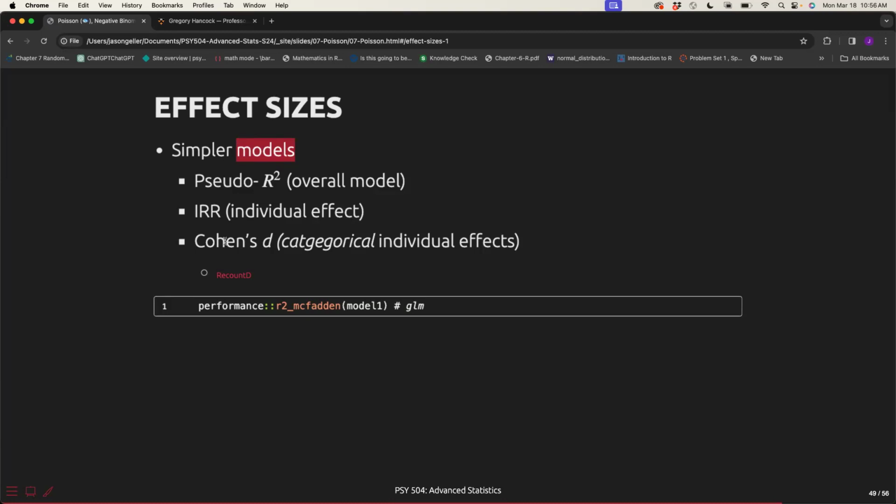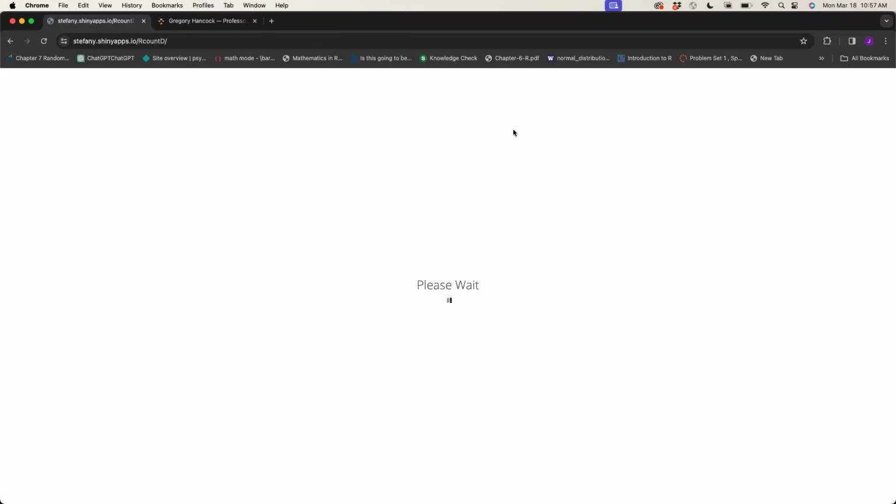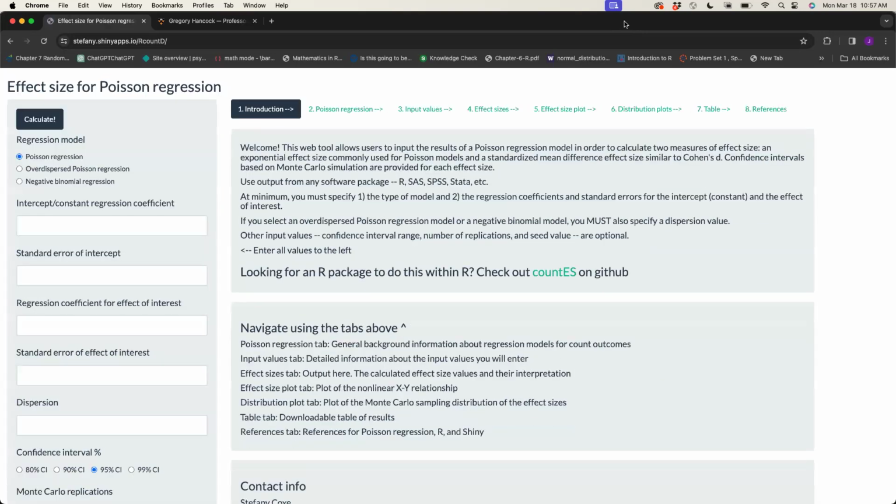And I also stumbled upon a package and a Shiny app called recountD that will calculate Cohen's d for our categorical individual effects. So let's go ahead and click on that Shiny app here. I think this is pretty easy to use if a reviewer asks for more traditional effect size measures like Cohen's d.